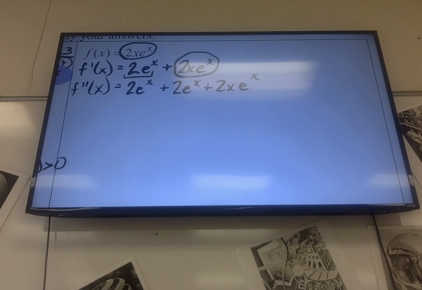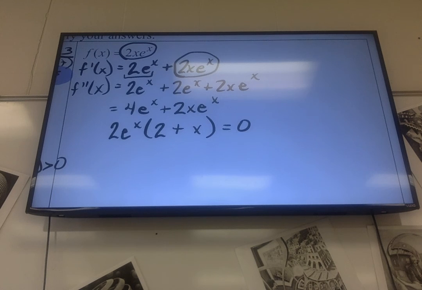Can we divide by that so we just get it out? You factor it. We can pull out 2e to the x. So factor out a 2e to the x: 2 plus 2x. If you're taking out the 2, just do plus x. 2 plus x.